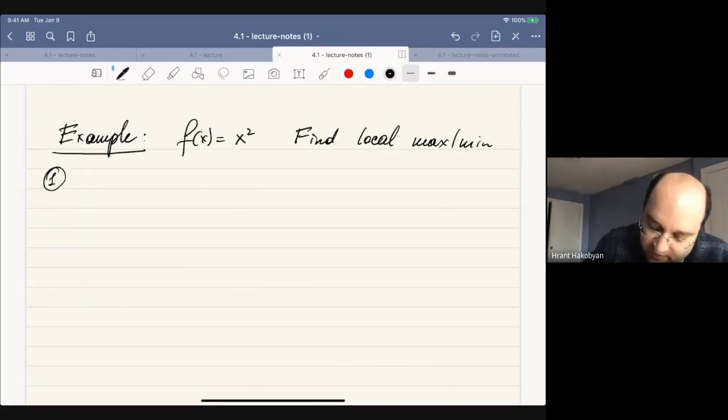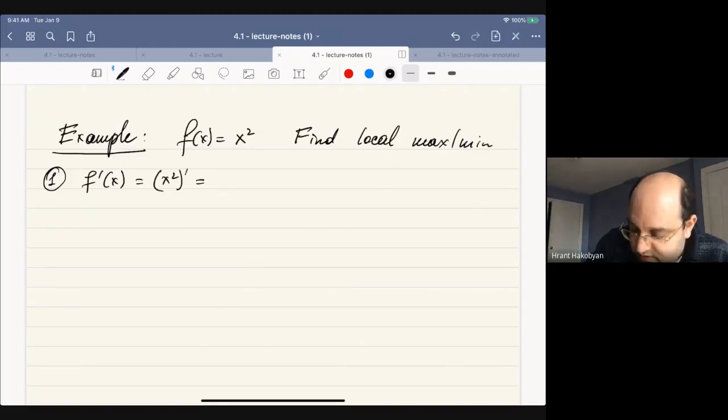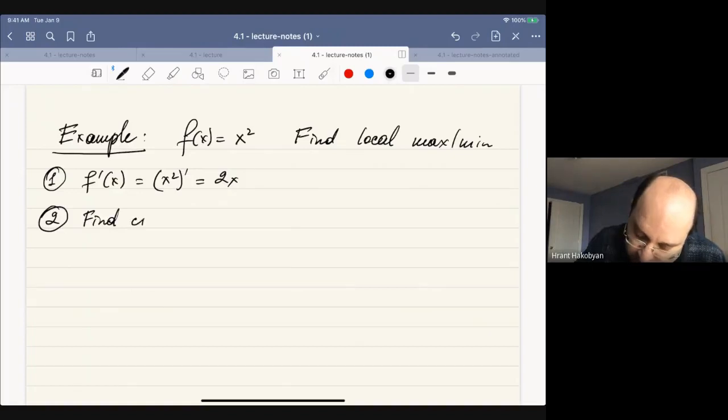First step, we find the derivative. That's x squared prime, so that's 2x. Second step, we find the critical points.